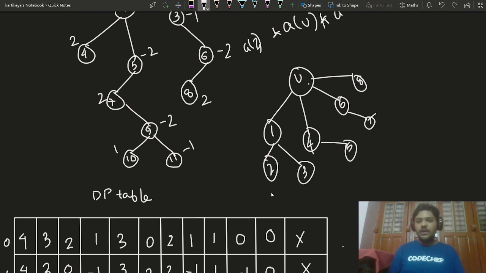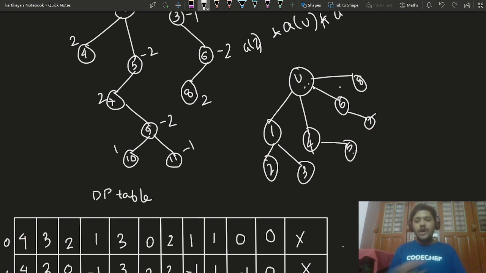We are not talking about a path such that it starts from 5, goes till u, then goes back till 7. We are only talking about simple paths starting from u going till 4, till 5, till 1, till 2, till 3, till 6, till 7 and till 8.